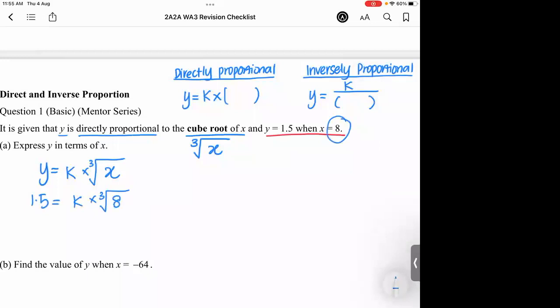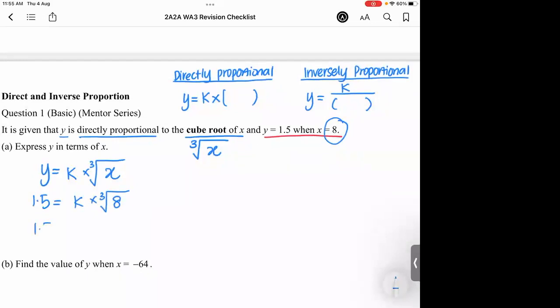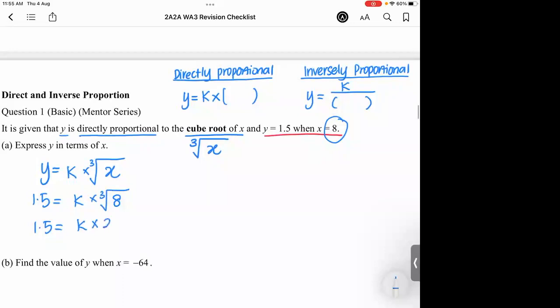So I have 1.5 equals k cube root of 8. Cube root of 8 is 2, so times 2. Since we want to find k, we divide both sides by 2.